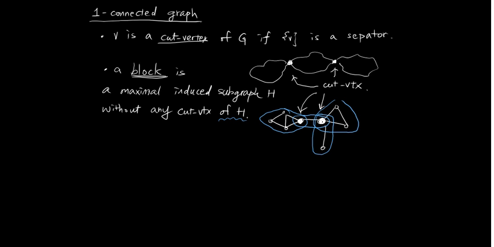So in this graph, the black dot, or in here it is white, is a cut vertex. And every one of these blue circles is called a block.